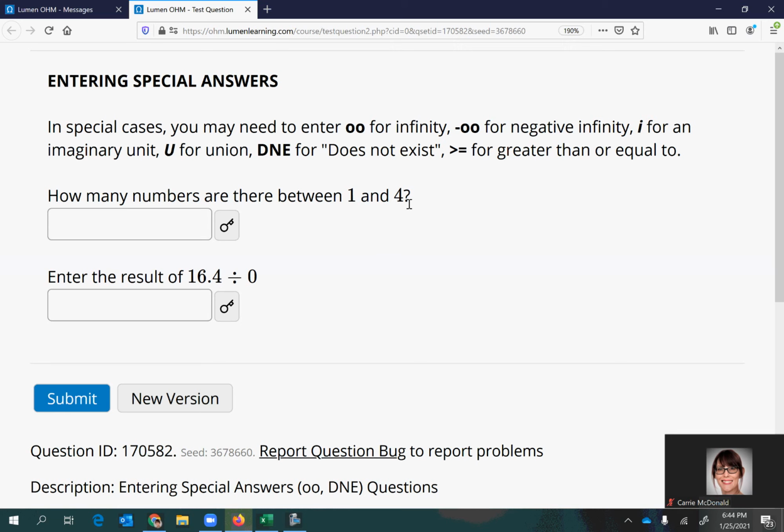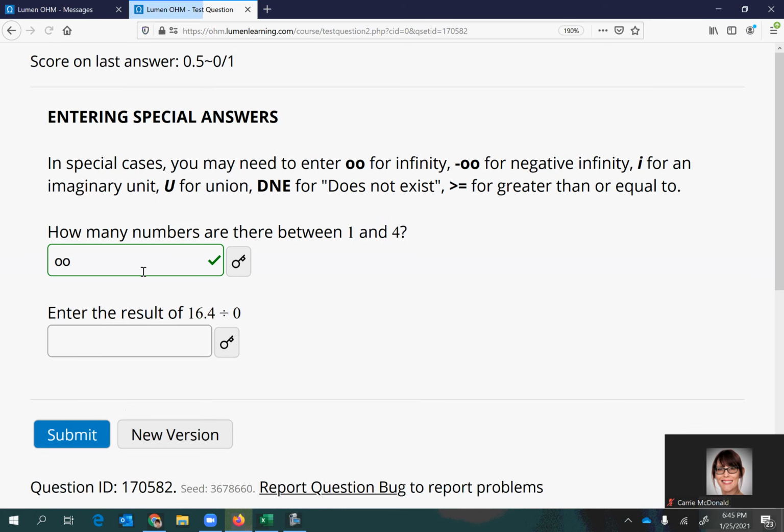Obviously 2 and 3 are between 1 and 4, but you could also have 1.5, 2.5, 2.25, 2.01, 2.000001, and so on. So the answer here is infinity, and if we read up here, it says in special cases, you may need to enter infinity, and so we use oo for infinity. So we're going to go ahead and put that in, and that's it.